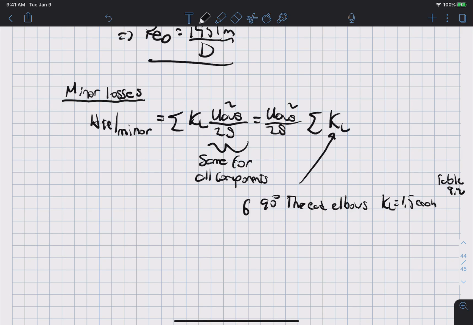Okay, and we have one sharp entrance, and that K_L is equal to 0.5, and again that's table 8.2. And then we have one sharp exit, and that K_L turns out to be 1.